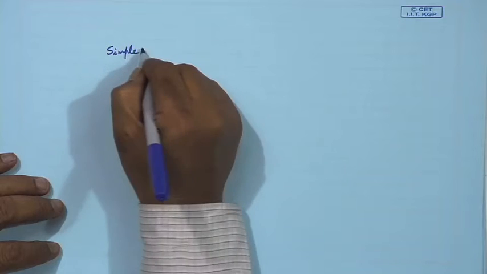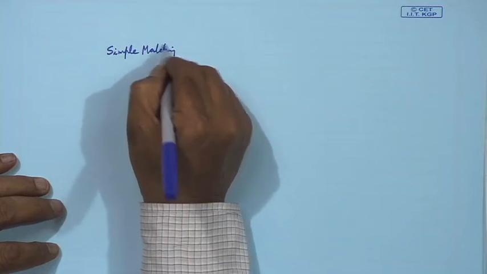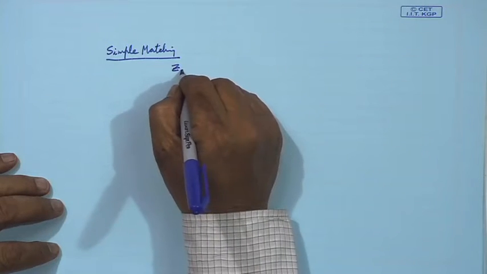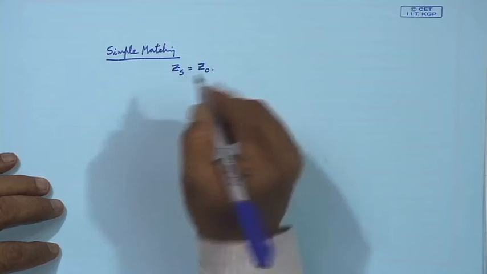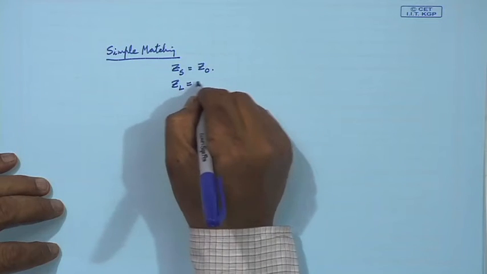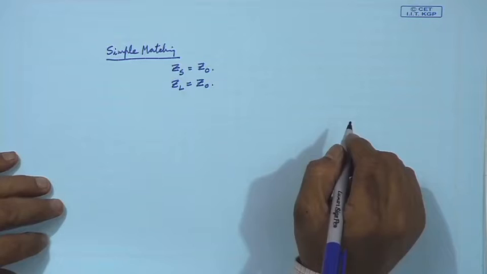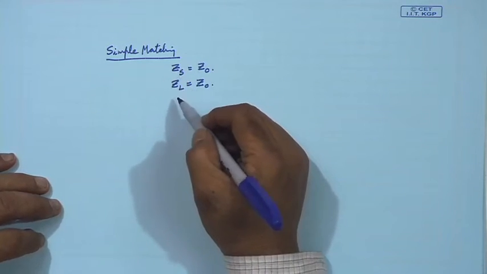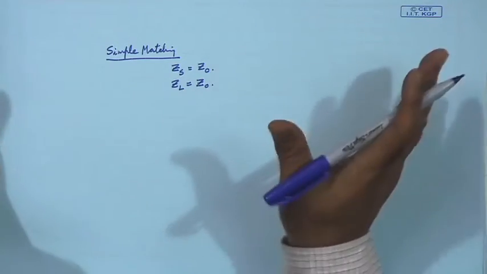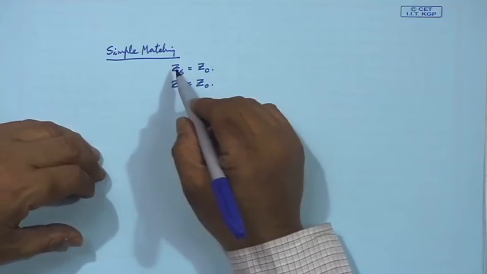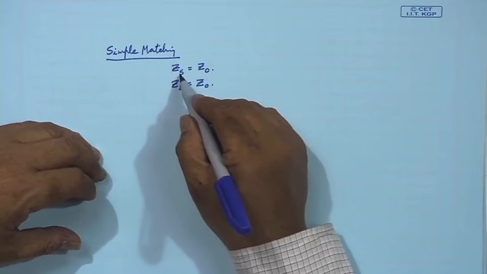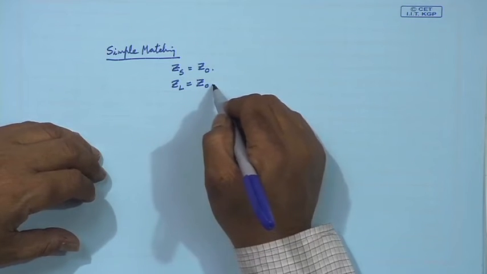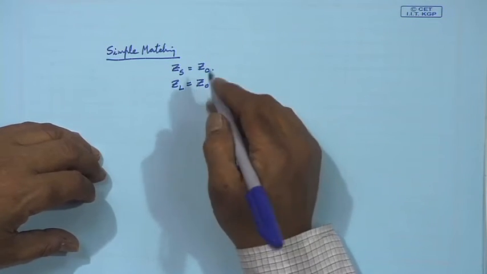That means we choose Zs simply equal to Z0 and Zl also simply equal to Z0. You see, Z0 is generally a real quantity, so Zs and Zl we choose real instead of that complex thing. Actually for conjugate matching we require that Zs should be chosen as Z in star, Zl should be chosen as Z out star, but simple matching is this.